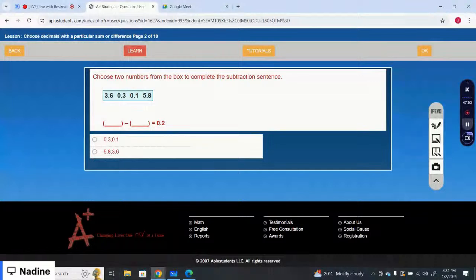Choose two numbers from the box to complete the subtraction sentence. The difference of the two numbers is 0.2. So which is the correct option?